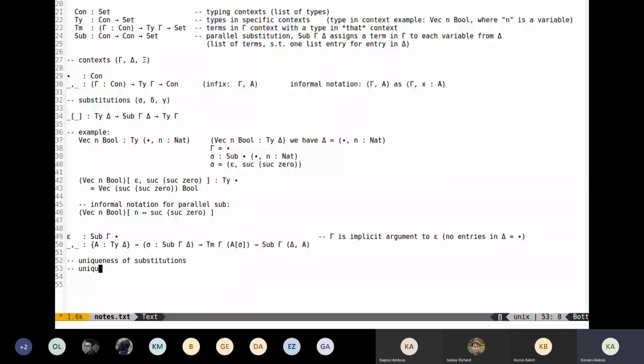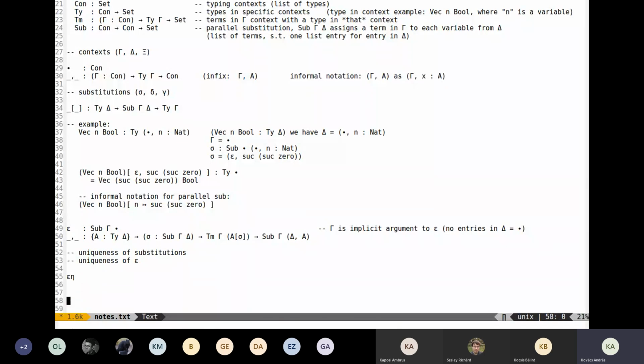This is the uniqueness of epsilon. Let's call this epsilon eta. So in type theory, if there are uniqueness rules, we usually call them an eta rule. So this is kind of a suggestive notation.